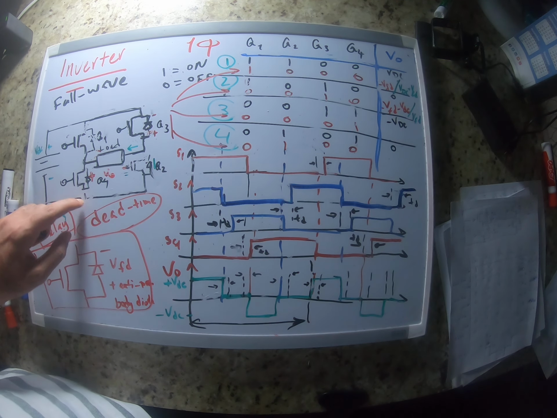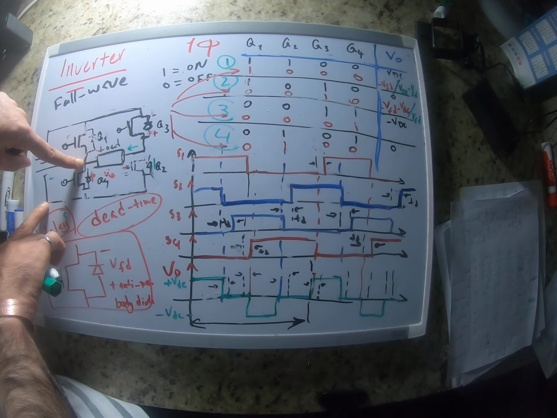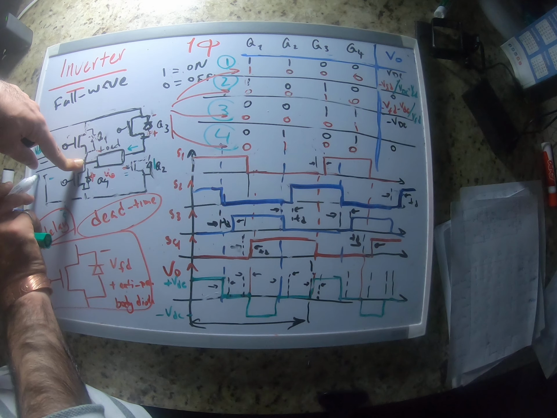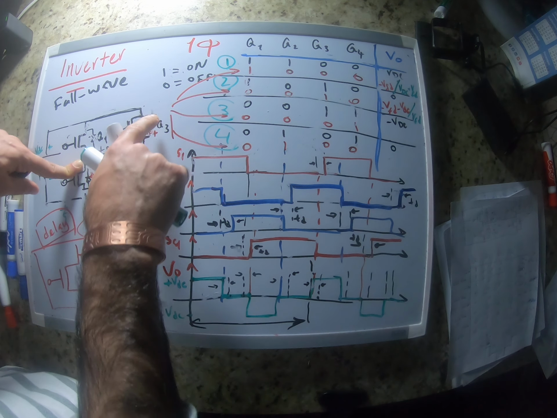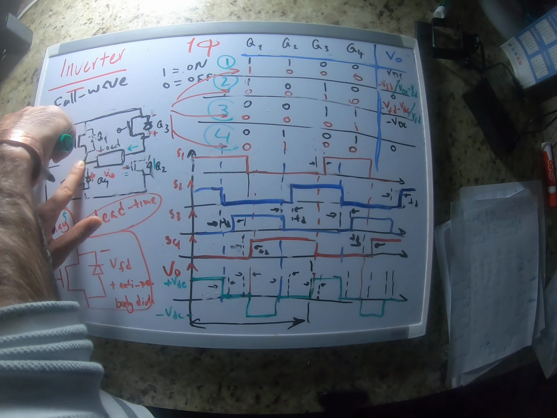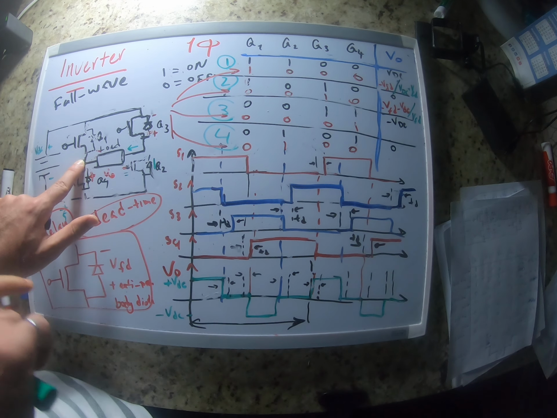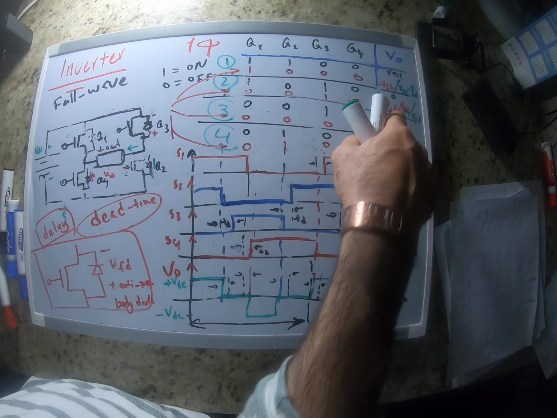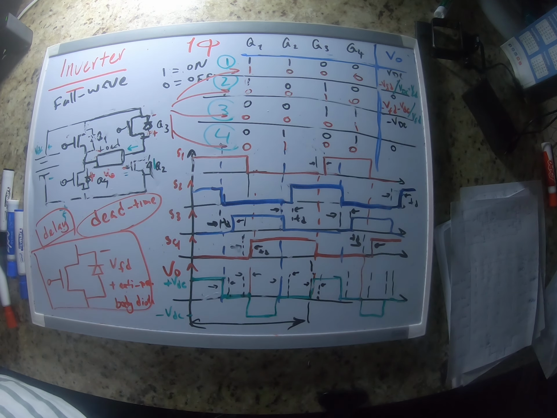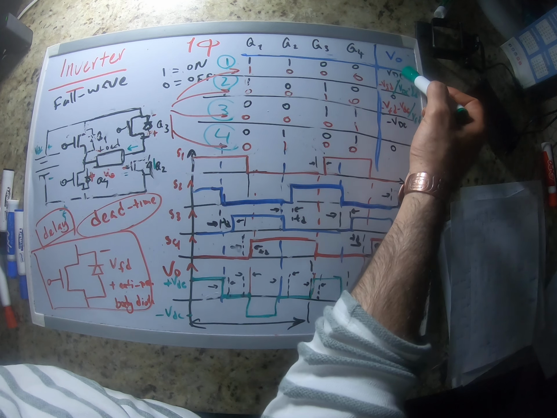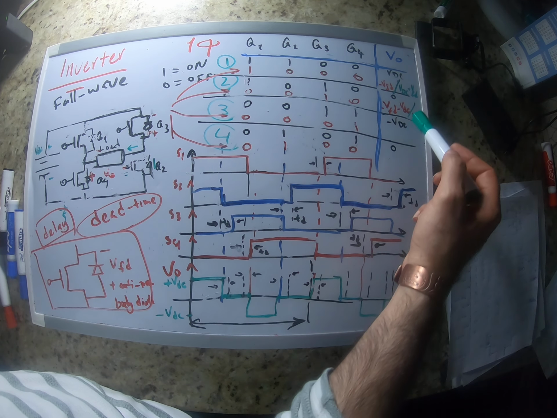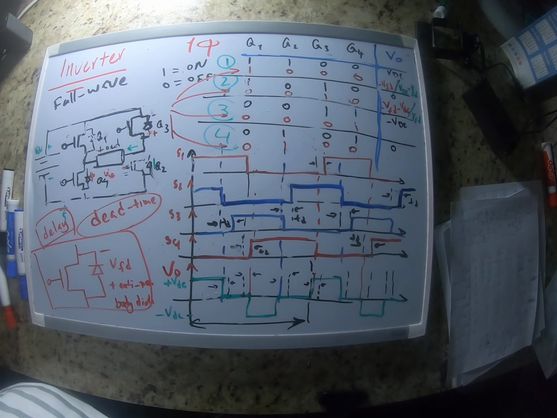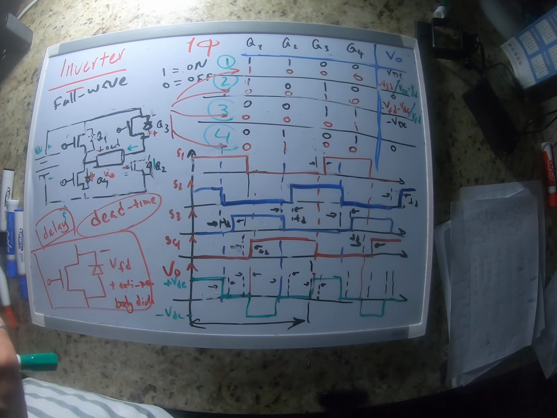In that case, this voltage is connected to this part of the source, and this is connected to the positive pin. So the voltage across the load is going to be negative VDC. This hasn't changed. The parts that I have written in black ink haven't changed. It's the same as what we had for the ideal switch.